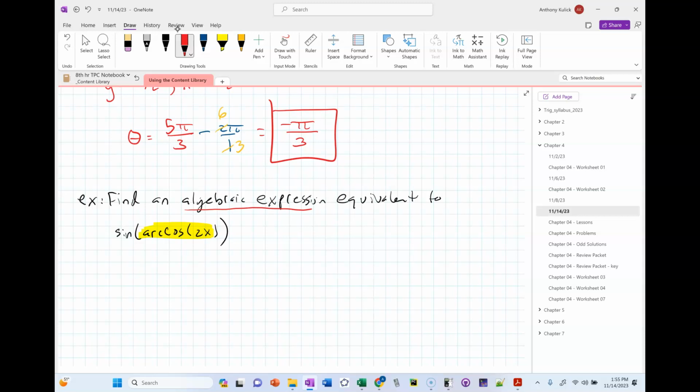What type of quantity is that? It's an angle measure, right? Whether that angle's in degrees or radians. So what I'm getting back here is just some angle. I'm going to call that angle theta. So far, so good?